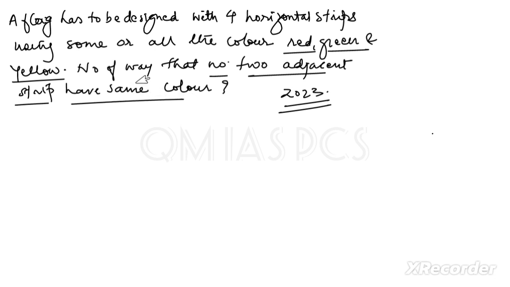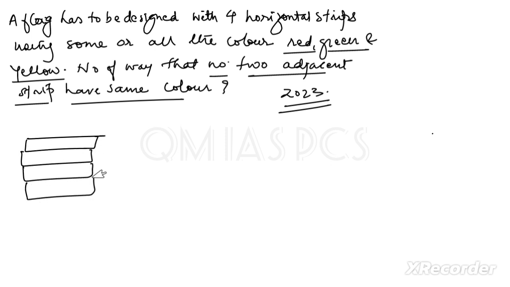Like we can say this is your first strip, this is your second strip, this is your third strip, and this is your fourth strip. If you place red here, red can't be here. Red can be at this position or this position. Like that we have to consider.